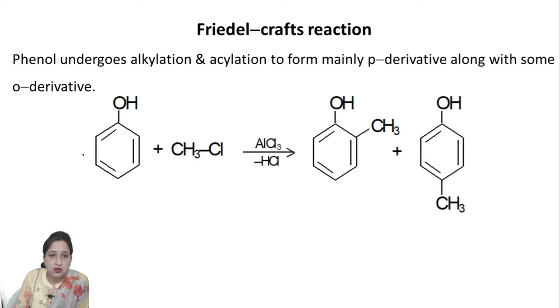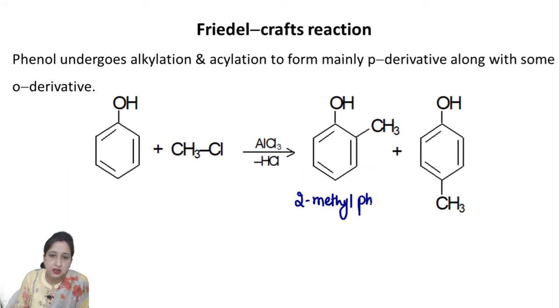So when phenol is treated with methyl chloride, this is your methyl chloride, in the presence of anhydrous aluminium chloride, we get ortho substituted product as well as para substituted product. Again hydrogen from this carbon or from this carbon, and Cl from this group is removed, and this is your 2-methyl phenol.